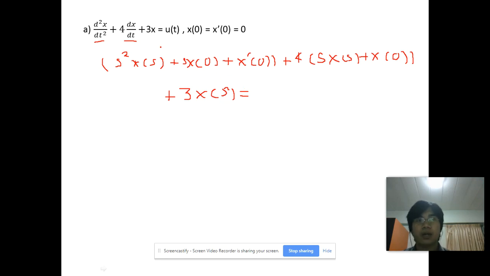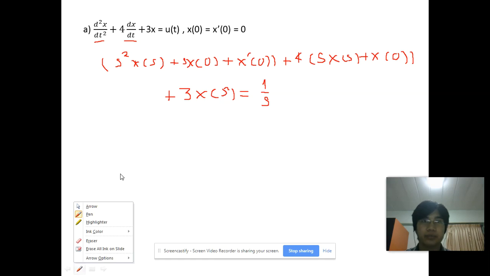And now the right side is u(t), or we call it unit step. It will become 1 over s, following the property of the Laplace transform. And we're going to put 0 into x(0) and x'(0), equal 0.